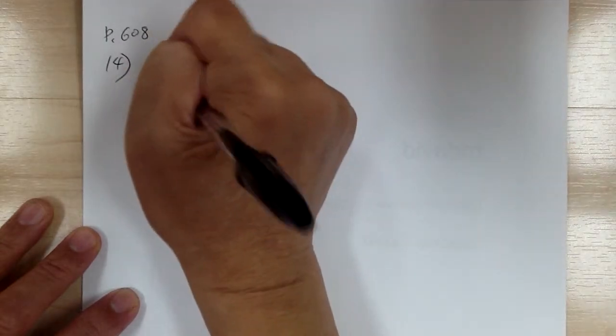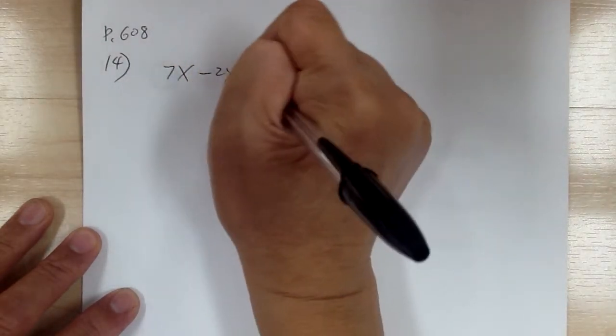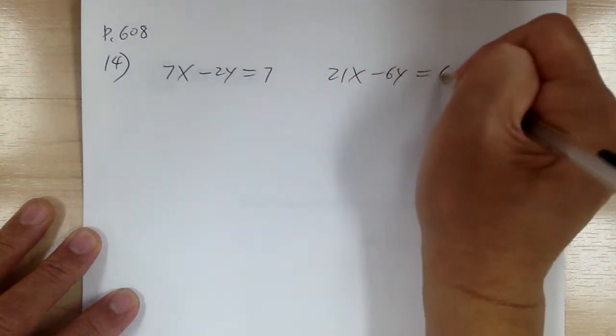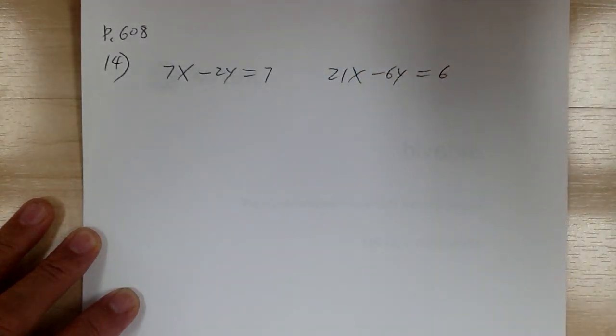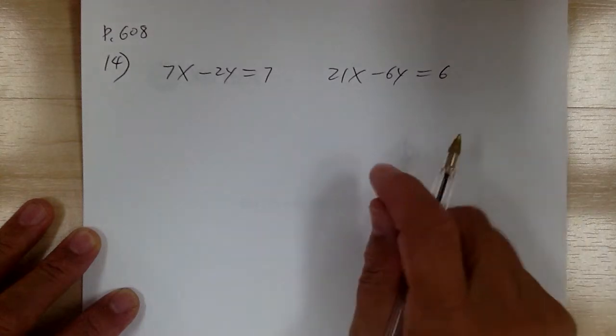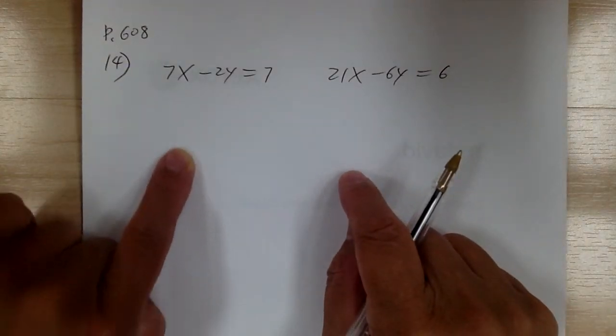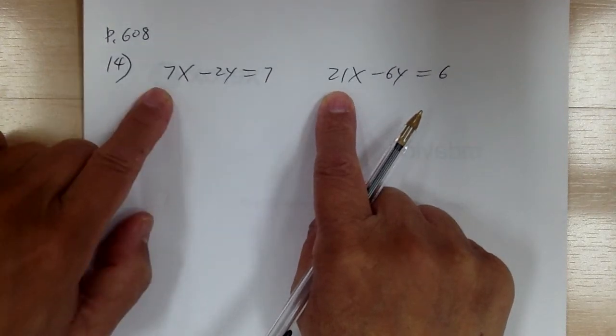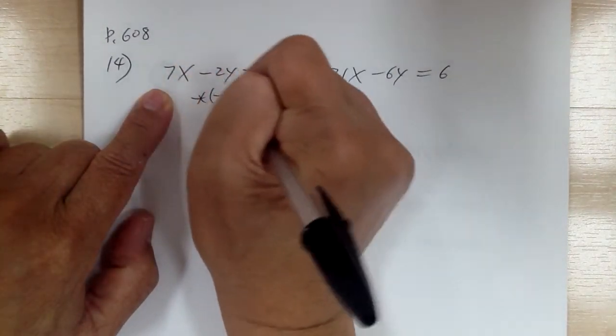Number 14, you have 7x minus 2y equal to 7, and you got 21x minus 6y equal to 6. Okay, so I am going to make the x opposite, so I'm going to multiply by negative 3.